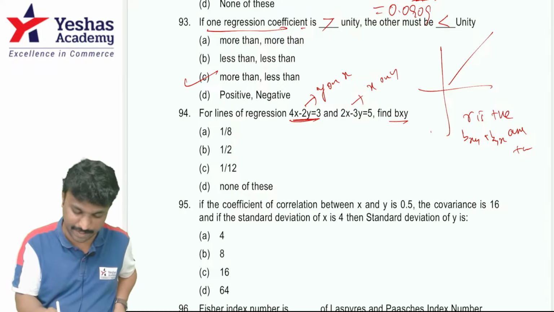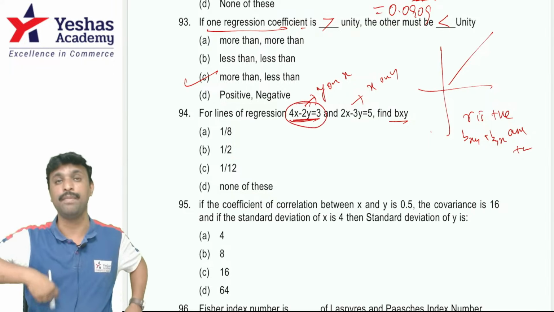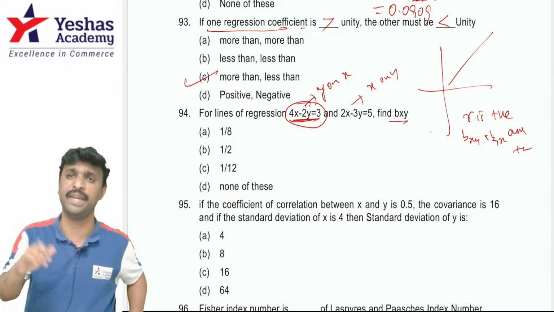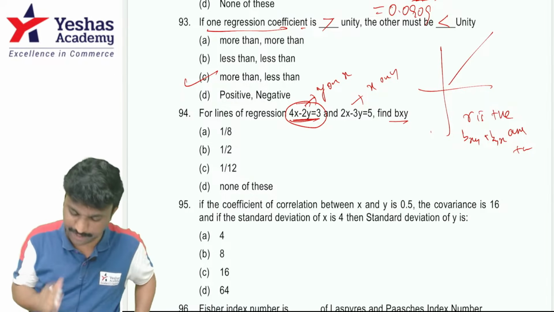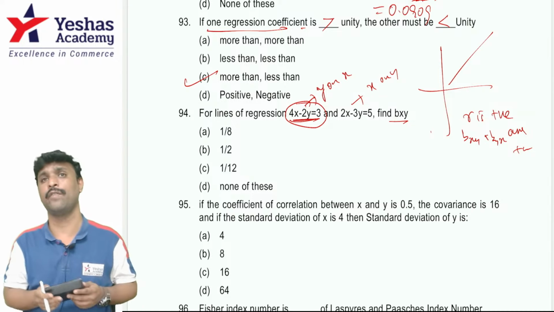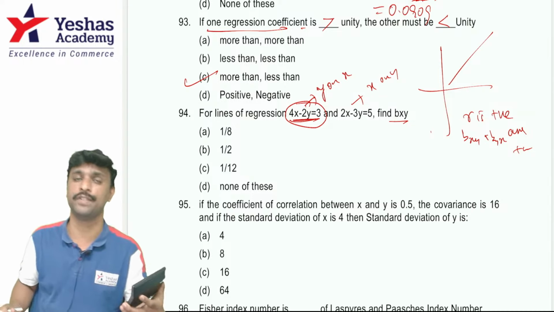If the signs of x and y had been the same, obviously the nature of the line would be upper left to lower right, r would have been negative, and even bxy and byx would have been negative. But here in this case, both bxy, byx, and r are positive. Now to figure out which one is x on y, which one is y on x, first assume this is y on x.